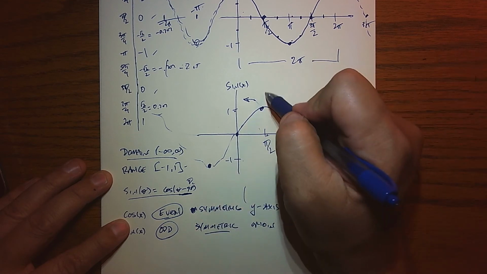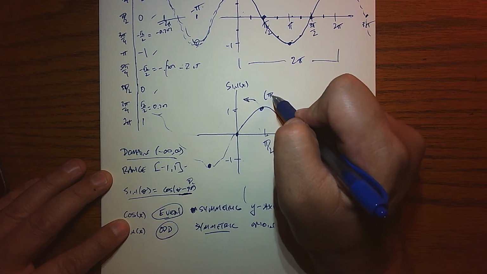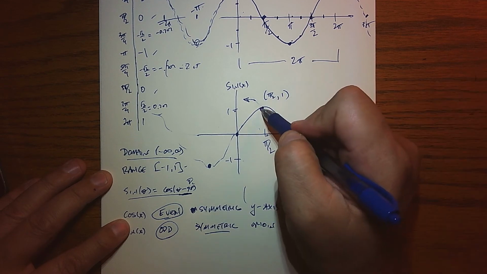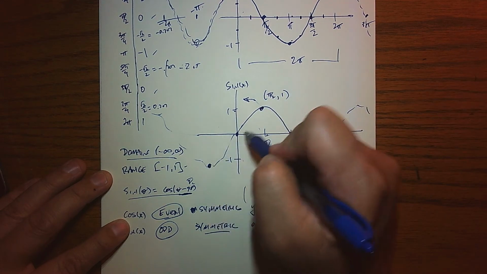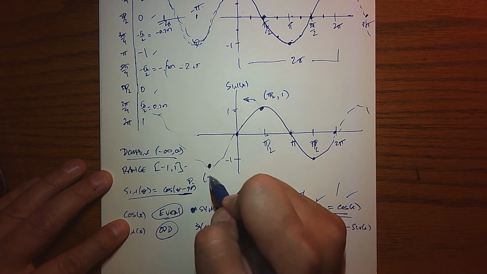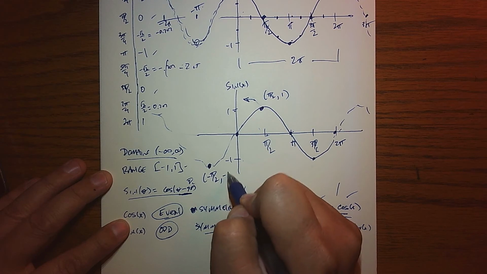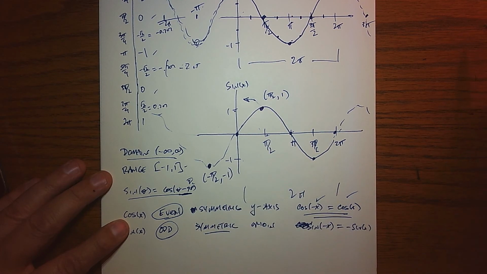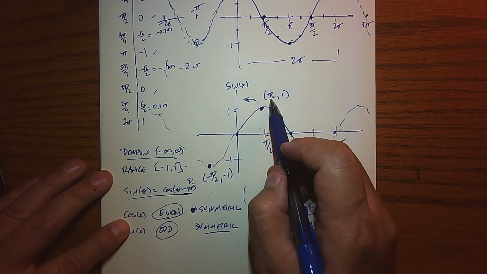So notice this is the point pi over 2 comma 1, and if we rotated 180 degrees, or did a double flip right through that origin, both x's and y's become negative, and that's basically what it's saying. The input's negative and the output's negative. So we can see that.